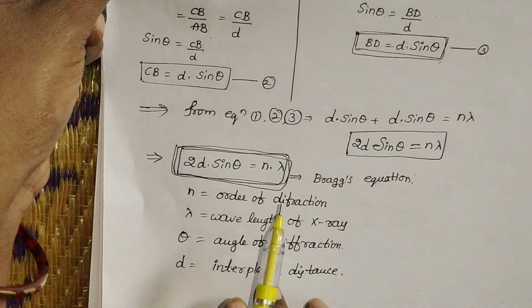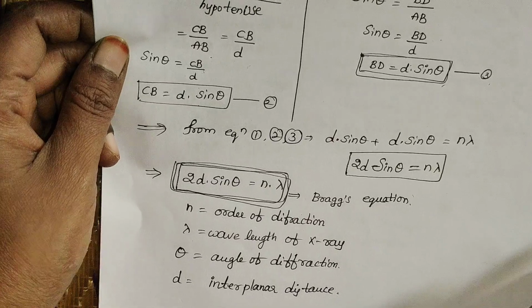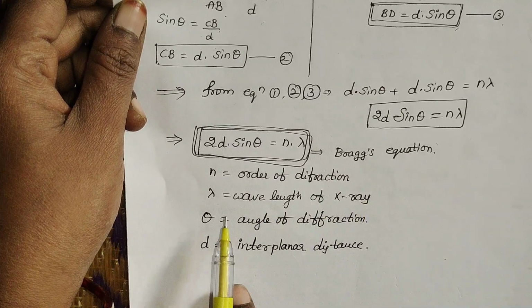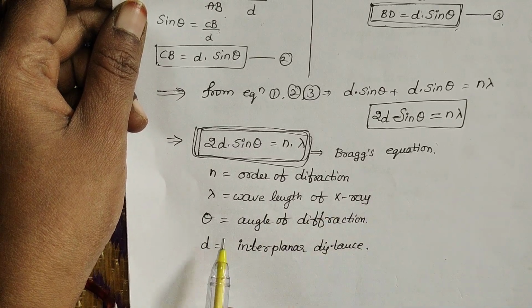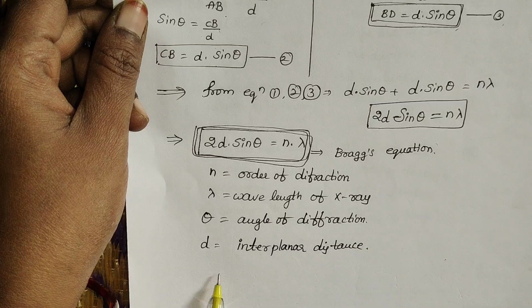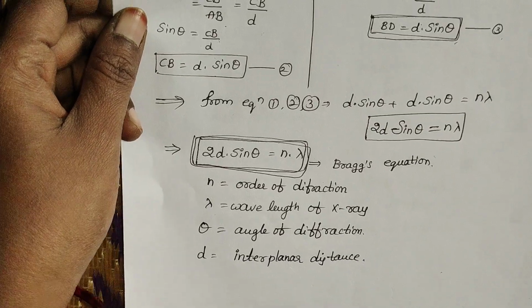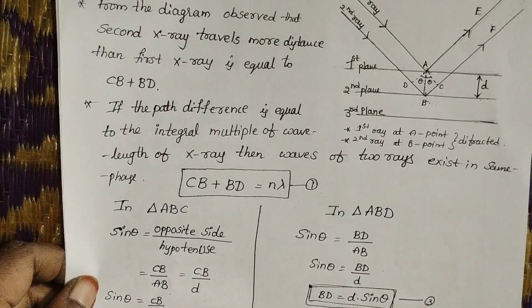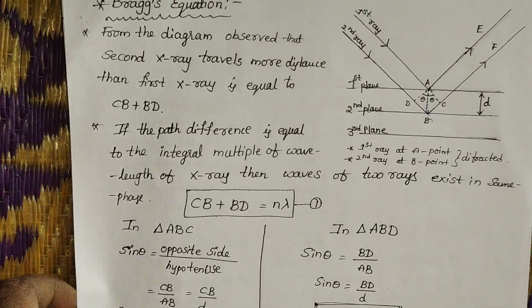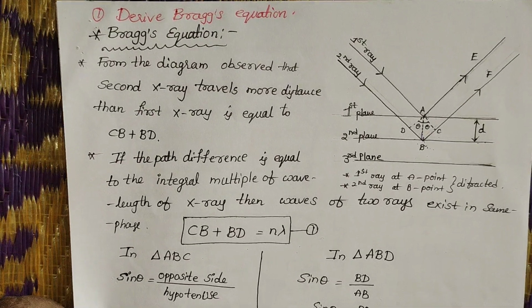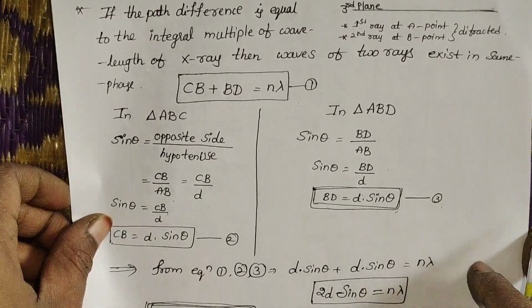This is our Bragg's equation. Here n is the order of diffraction, lambda is the wavelength of the X-ray, theta is the angle of diffraction, and d is the interplanar distance. This is about Bragg's equation.